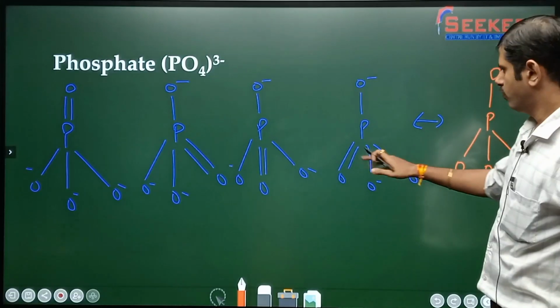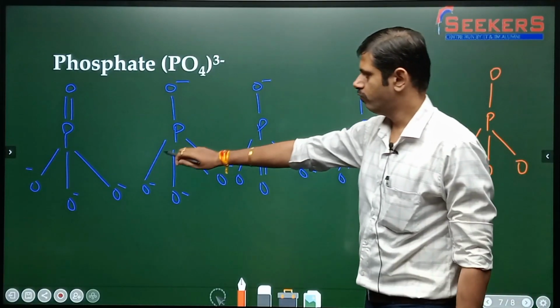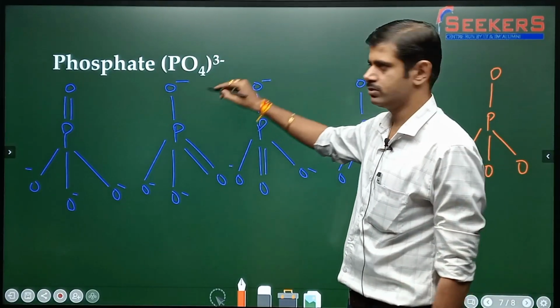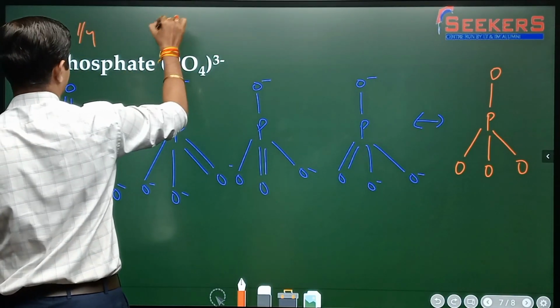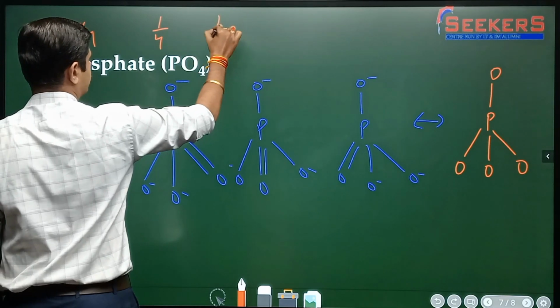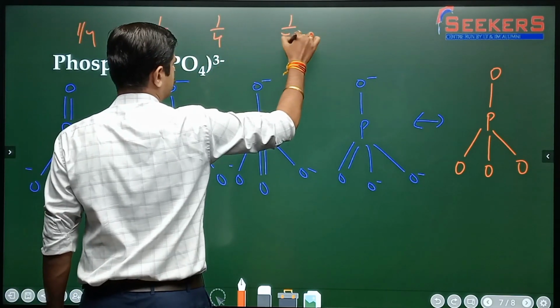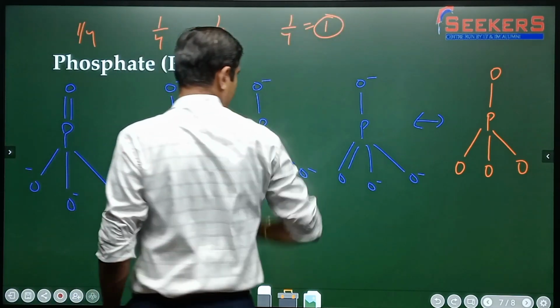Now one double bond is being shared between 1, 2, 3, 4 locations. So we'll give 1/4 bond to this, 1/4 bond to this, 1/4 bond to this, 1/4 bond to this. So overall it will become 1.